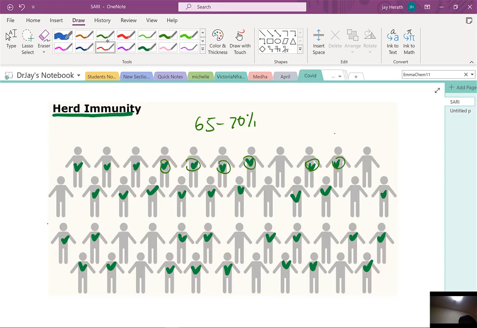So let's say the virus can hide and stay somewhere in other parts of the world. Let's say this person travels and gets infected, and what happens is only this person will get infected, right? And so it will not go to this person, this person, this person, and this person, right? So we are mostly protected. And let's say this is a family, and this child got infected, right?